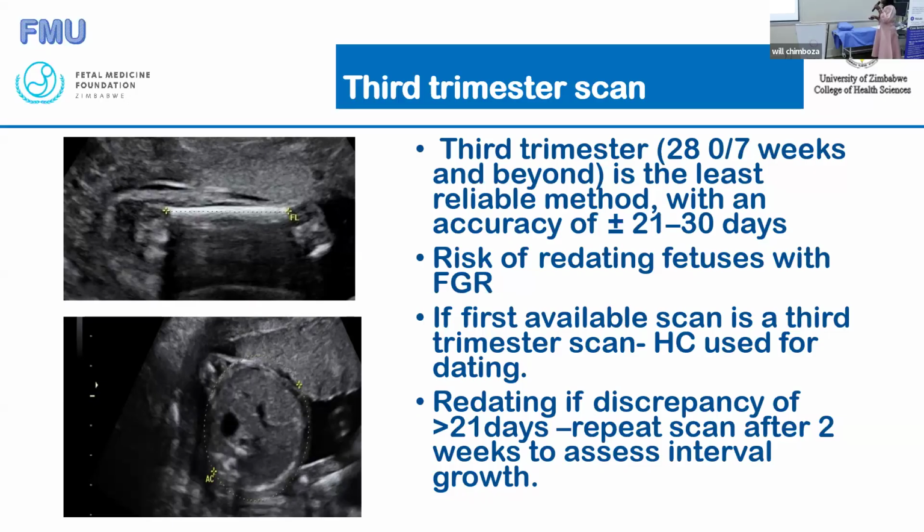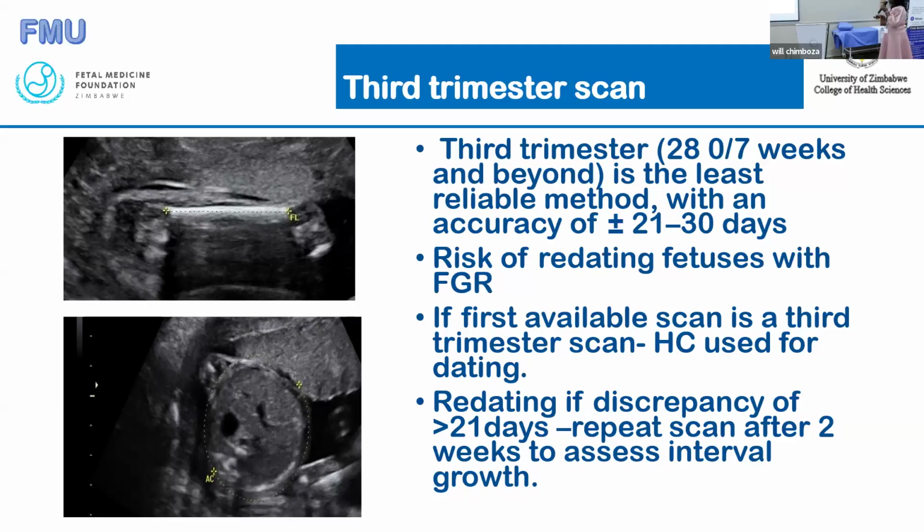For the abdominal circumference, we also have strict parameters that we should stick to when assessing the abdominal circumference. So we need to see the vertebra posteriorly, the stomach on the left side, and the portal sinus in front of the vertebra. We need one rib on either side of the abdominal circumference.